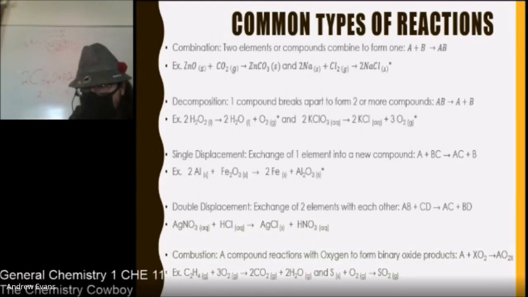Basically, we swap out an element. The example we gave earlier with aluminum and iron oxide goes to iron and aluminum oxide. It's like oxygen is the belle of the ball, and it's just switched dance partners. It's just swapped. I'll give aluminum a turn now that I've danced with iron.